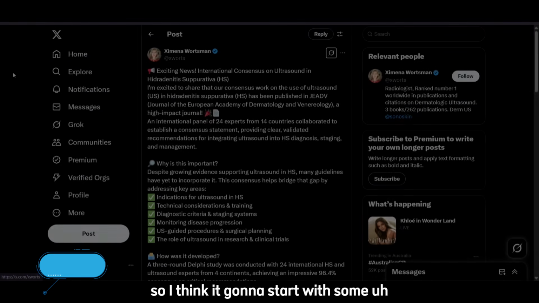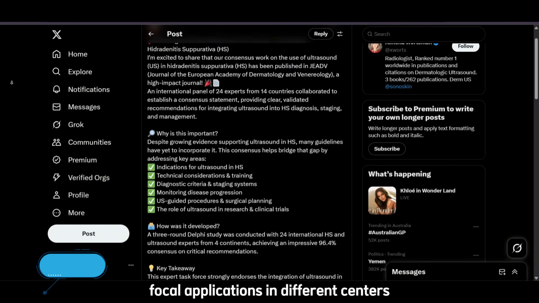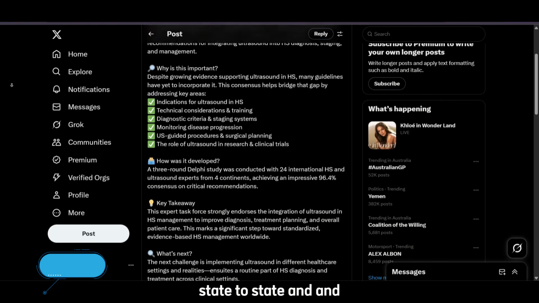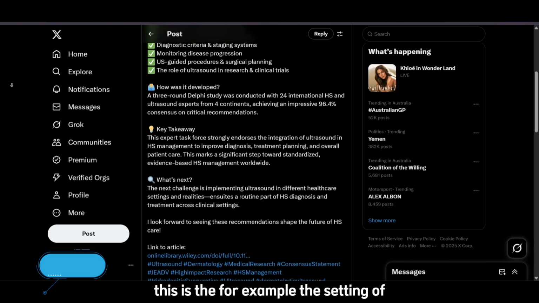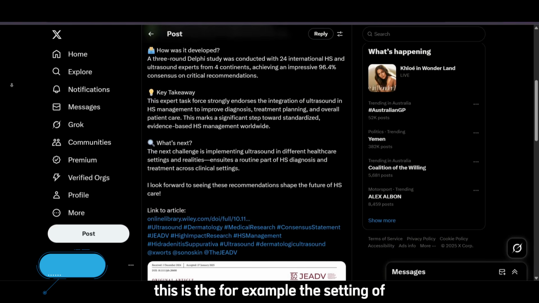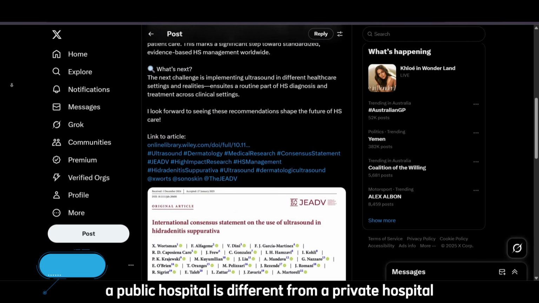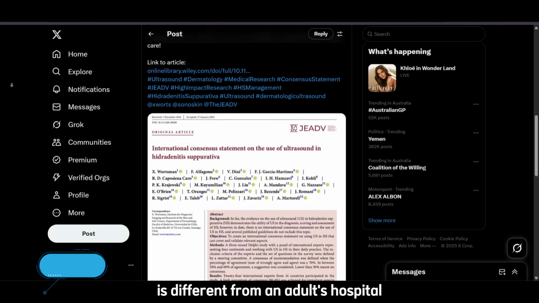So I think it's going to start with some focal applications in different centers because the reality is different from state to state, and probably the needs will be different. For example, the setting of a public hospital is different from a private hospital. The setting of a children's hospital is different from an adult hospital.